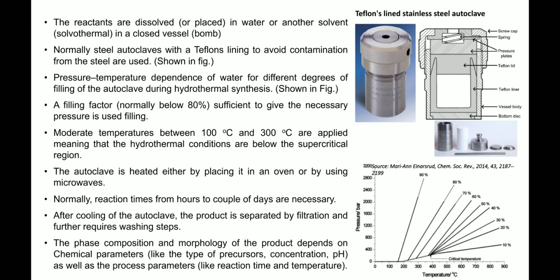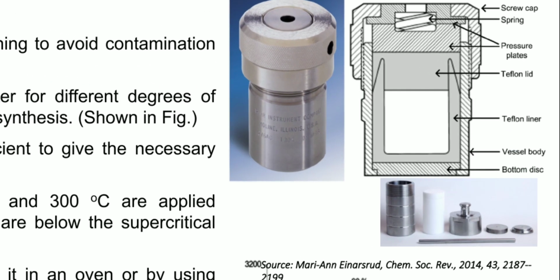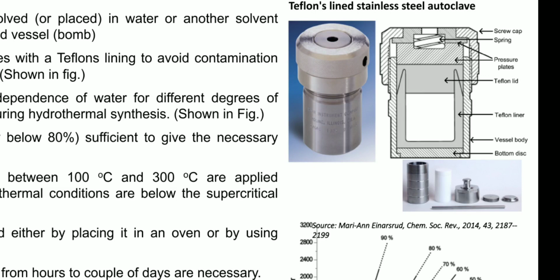So here in this slide, on the right hand side, what you can see is a bomb or autoclave, and it has a special name, which is called a Teflon lined stainless steel autoclave.